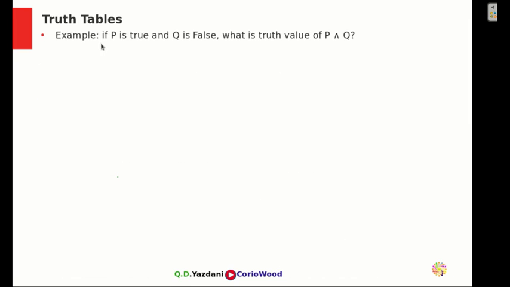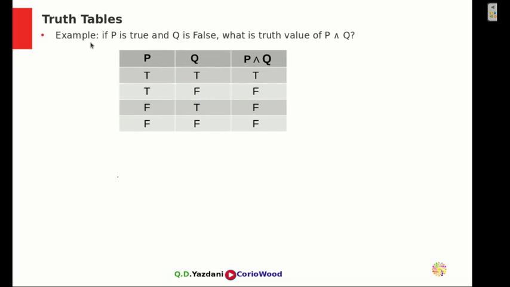Example: if P is true and Q is false, what is the truth value of P and Q? We've seen the P and Q before.